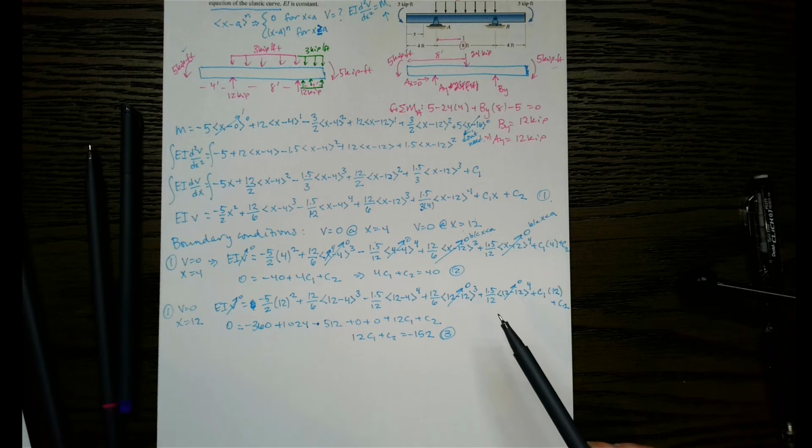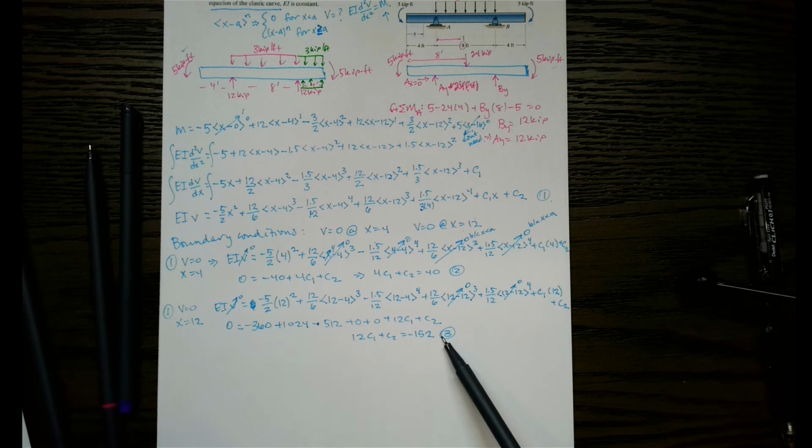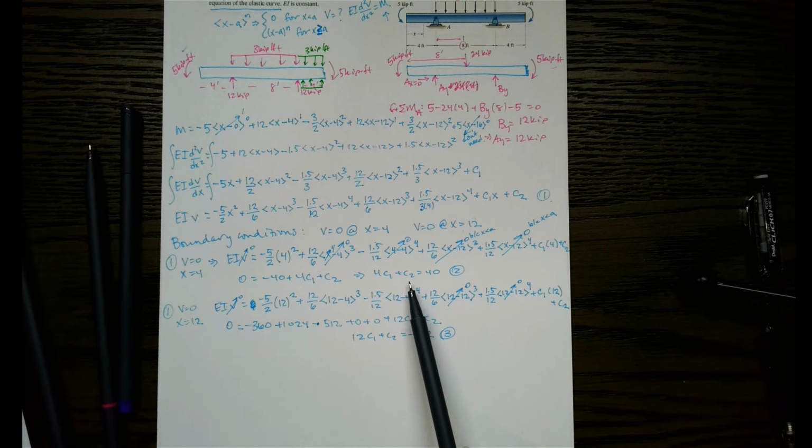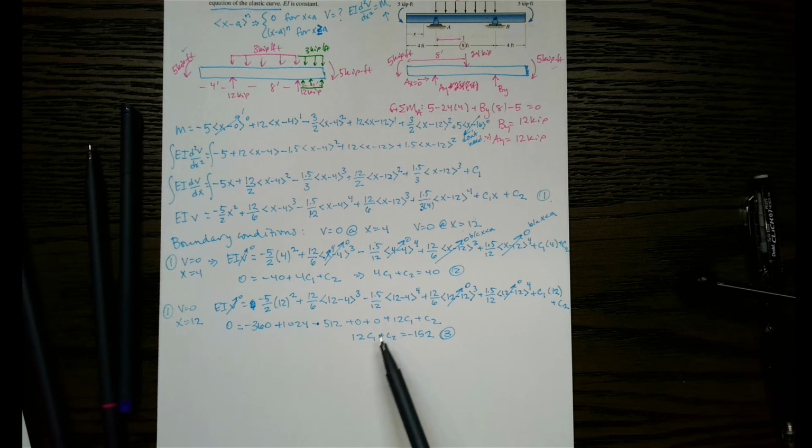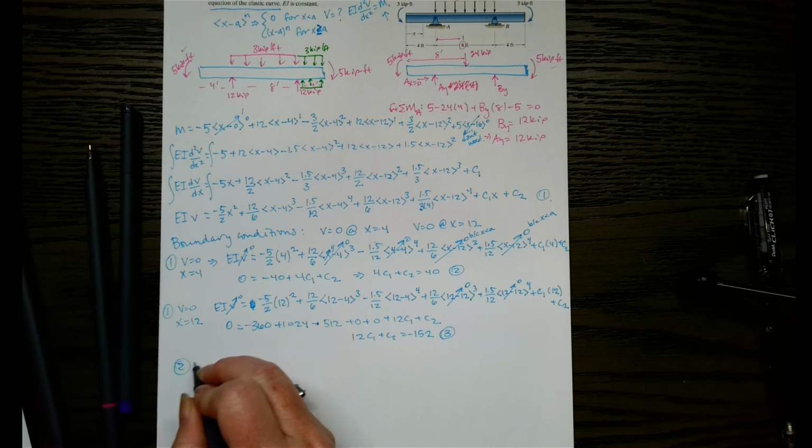Okay, we're almost there. So we've got these two equations now, and we have two unknowns, right? C1 and C2. So two equations, two unknowns, you solve simultaneously. You can do it using matrices in the calculator, or you could solve, let's say this one for C2, plug that in here, and then get C1, and go that route.